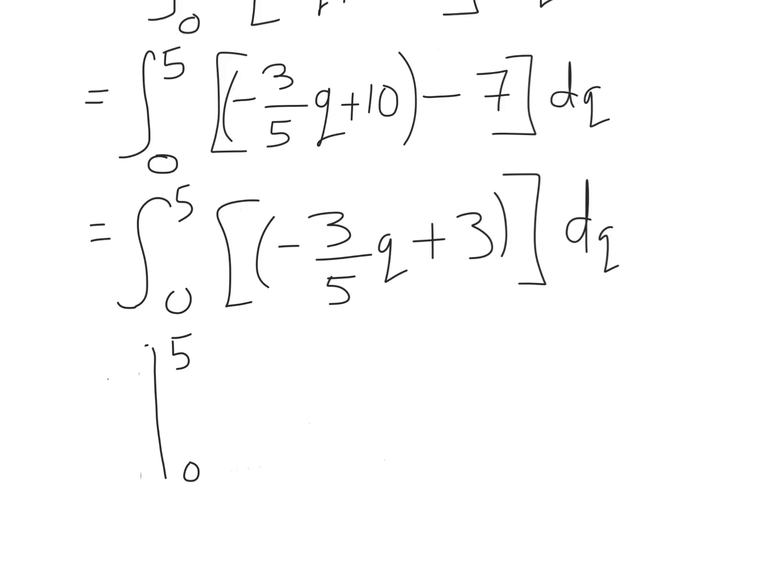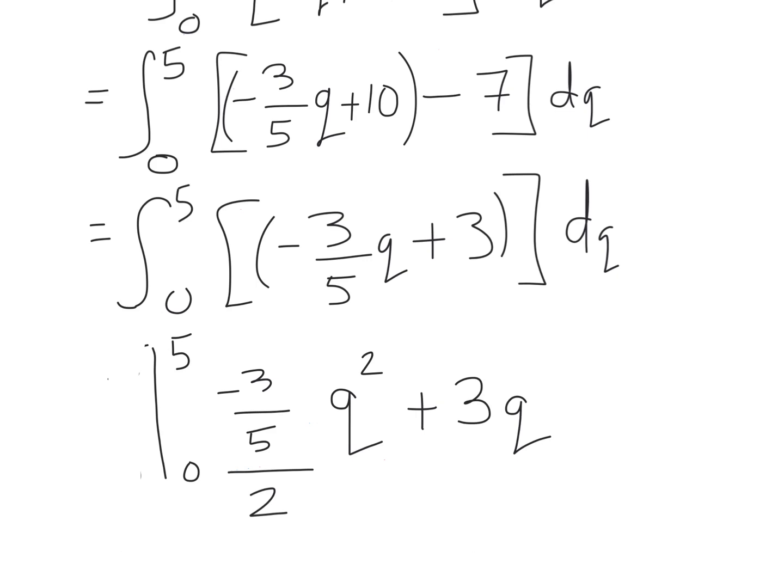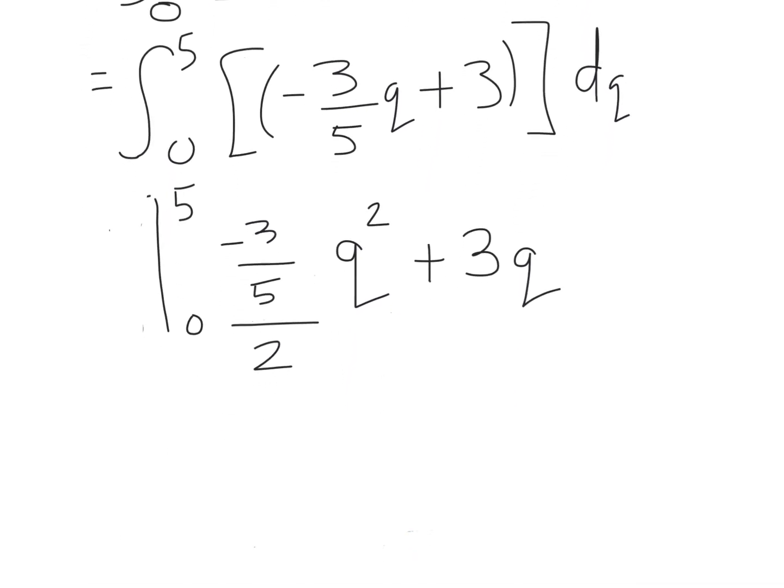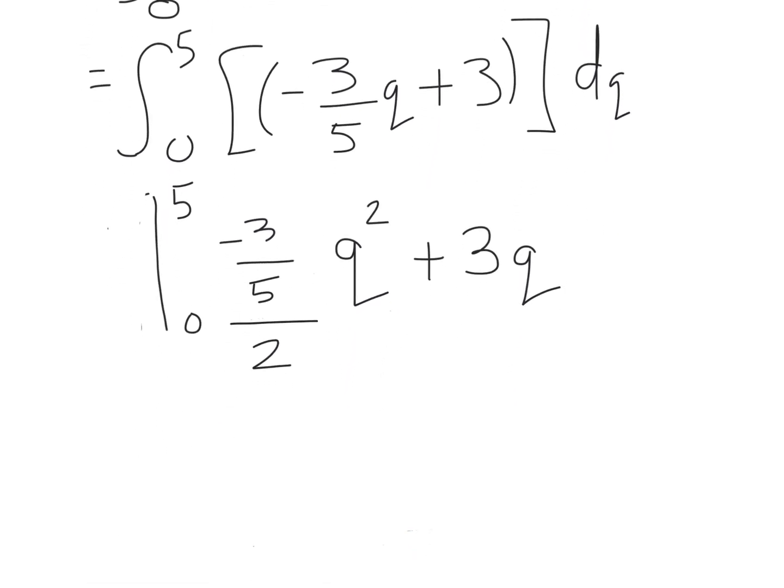Doesn't matter. Just putting it there. Minus 3/5 Q used to have a Q squared, right? So now we take that 3/5 and we divide by 2. Plus 3 used to have a Q, 3Q.